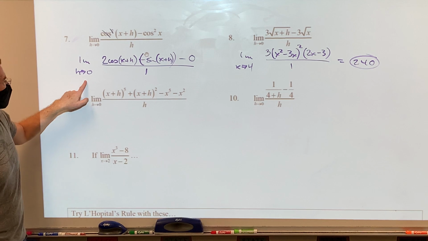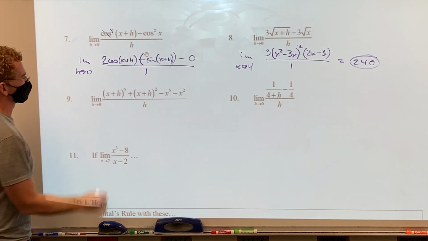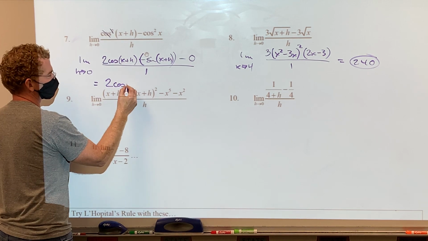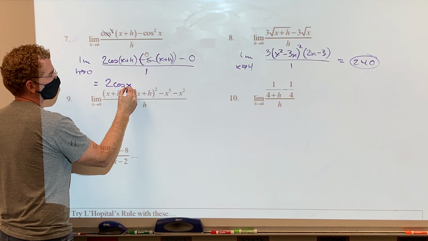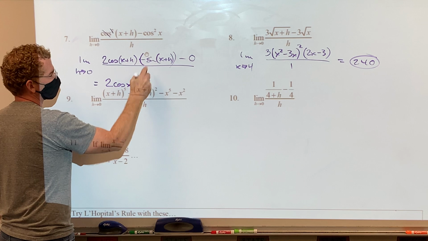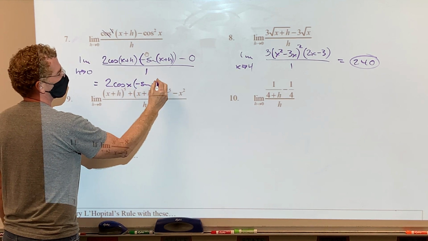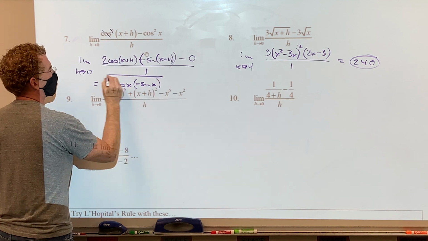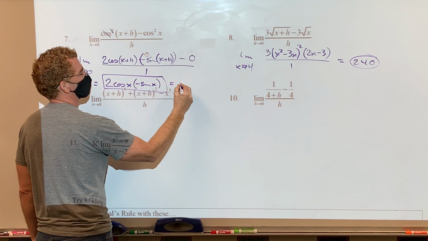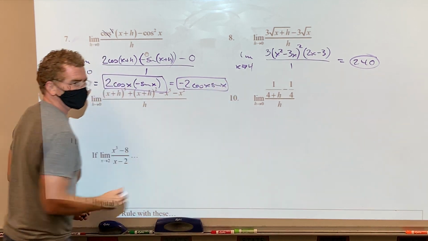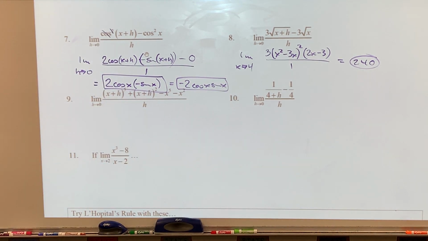Now when I plug a 0 back in there for h, what do I get? 2 cosine x, right? Times negative sine of x minus 0. So that would be my derivative. Or if you really wanted to clean it up, negative 2 cosine x sine x. Do we have to do that? No. Will you explain how you got 0, like minus 0?